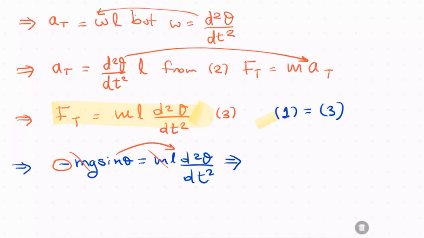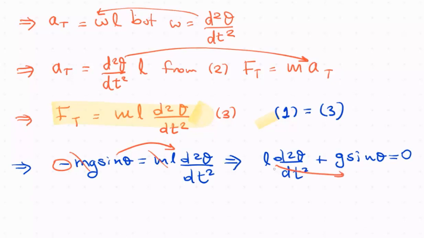Okay, and we will have something like ml second derivative of theta with respect to time plus g sine of theta equals 0. We divide all the terms of the equation by L, and this cancels with this.